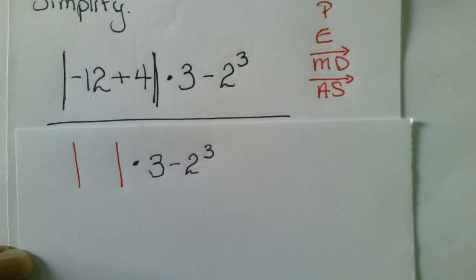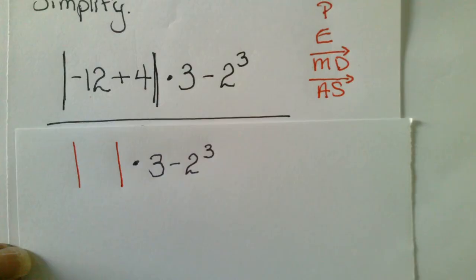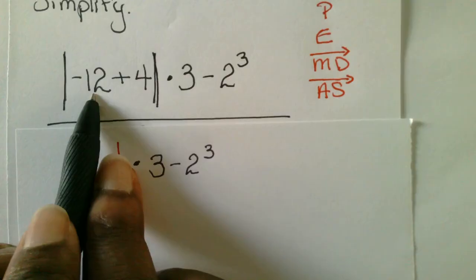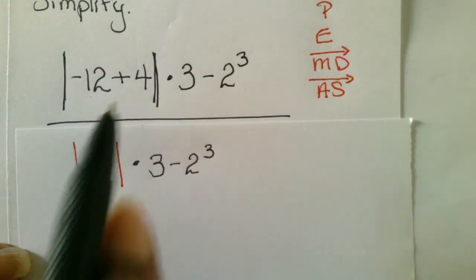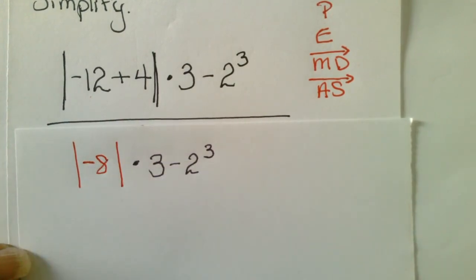Okay, negative 8, good. So negative 12 plus 4: if you owe me $12 and you gave me 4, you still owe me 8.